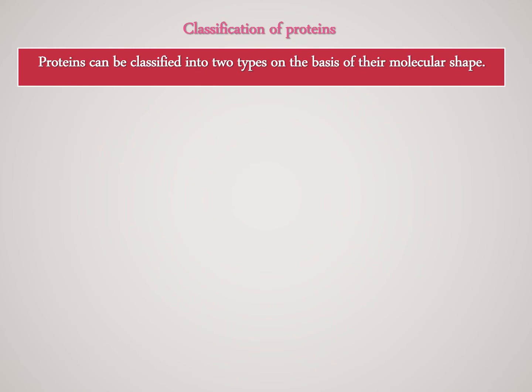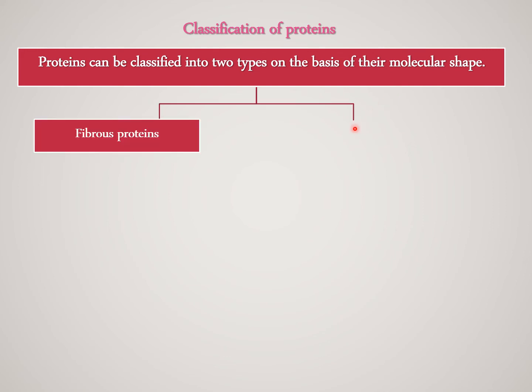Classification of proteins. Proteins can be classified into two types on the basis of their molecular structure. They are fibrous proteins and globular proteins. These are the two types of proteins broadly classified.